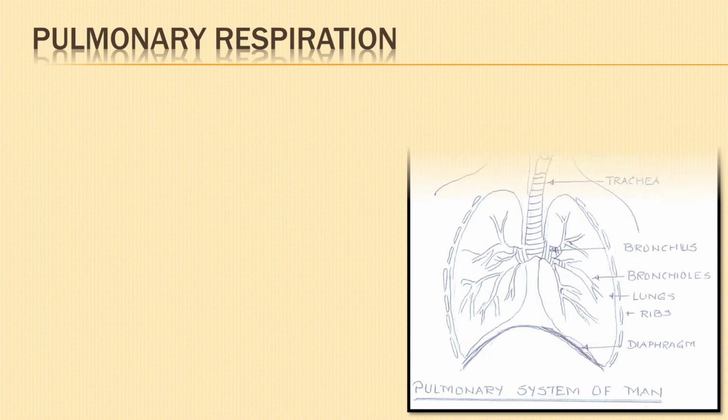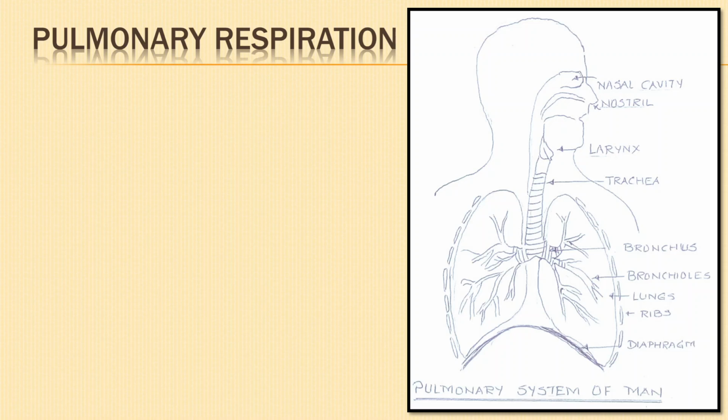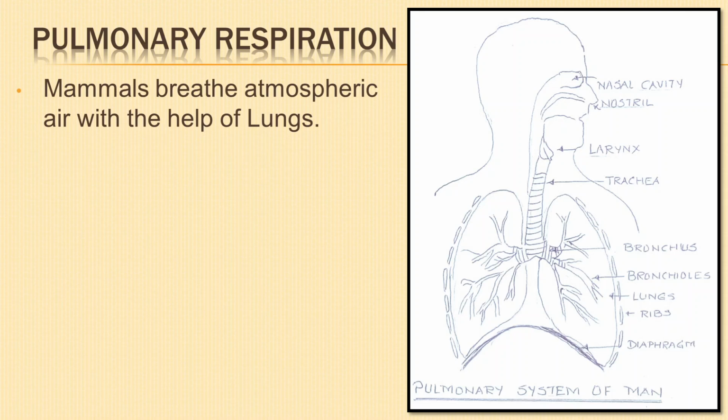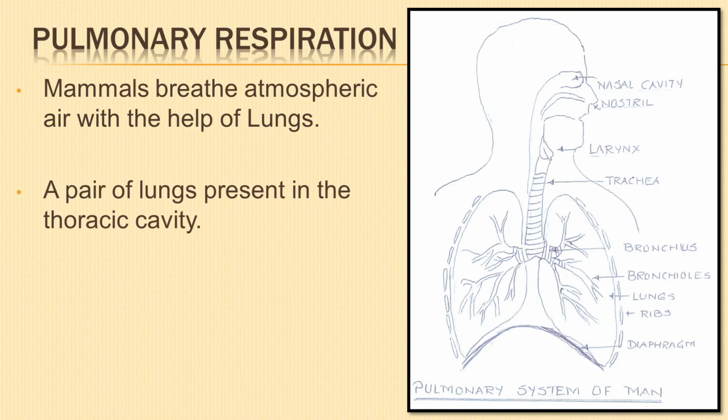Respiration through lungs, known as pulmonary respiration. Land animals such as birds and mammals breathe atmospheric air with the help of lungs. A pair of lungs is situated in the thoracic cavity.